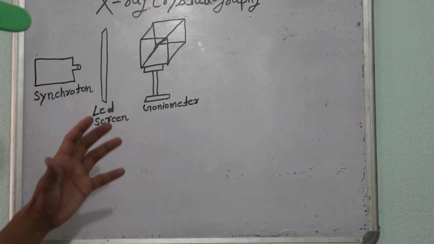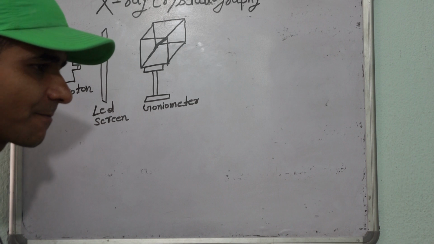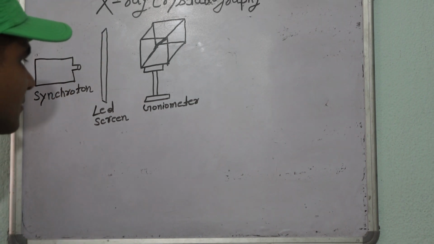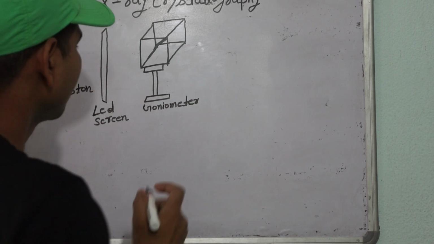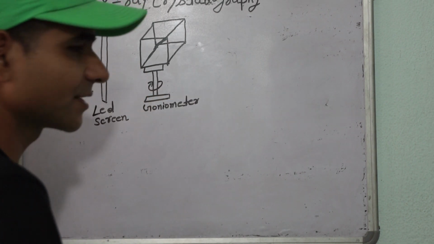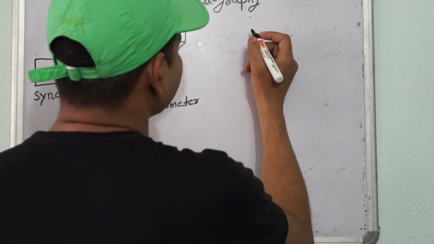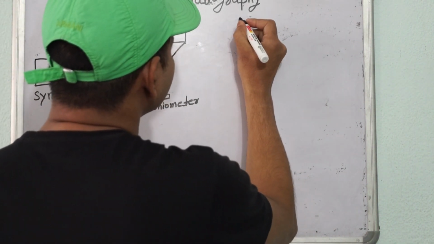And the unique property of the goniometer is that it rotates on its axis. Thereafter, we take the X-ray film. Now I am taking the X-ray film here.